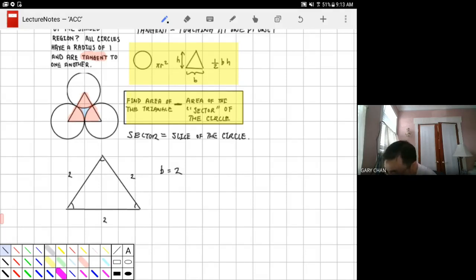Does anyone have a strategy to figure out the height of this equilateral triangle? As a matter of fact, finding out what the height is here has been done before, you've done it before, actually over remote learning, as well as at various points during our time together at school.